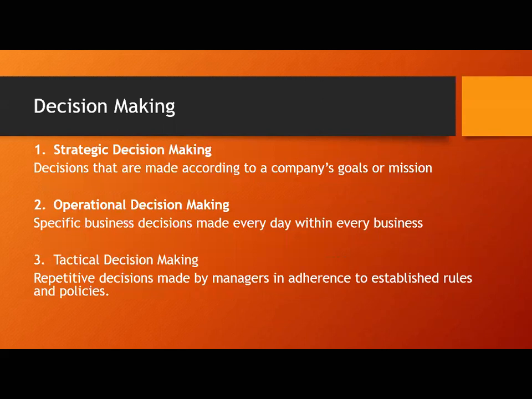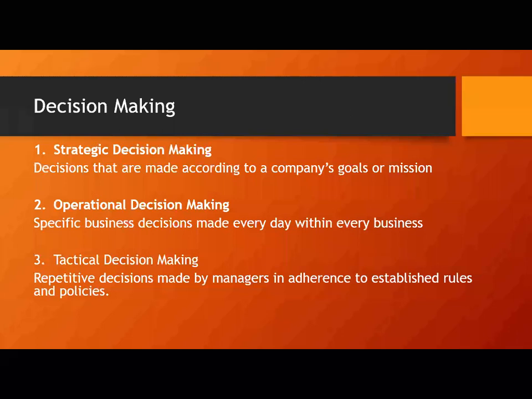There are different levels of decision making. We have strategic decision making, we have operational, and we have tactical decision making. Strategic decision making has to do with decisions that are made according to a company's goal or mission.